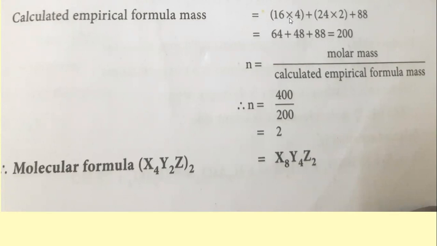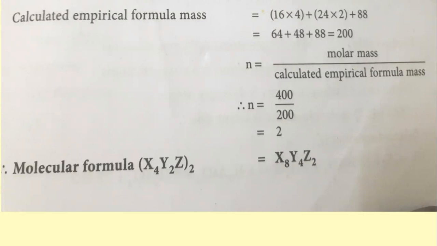In the previous step we have calculated the X, Y, Z values, so comparing with the atomic mass, we have to calculate the empirical formula mass. So simply 16 into 4 and 24 into 2 and then 88 into 1. That will give you the empirical formula mass.